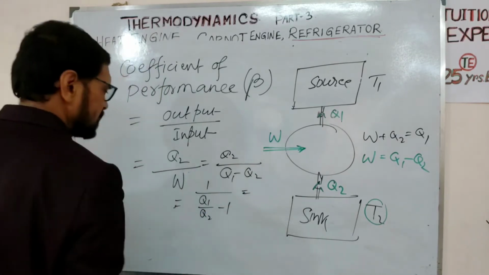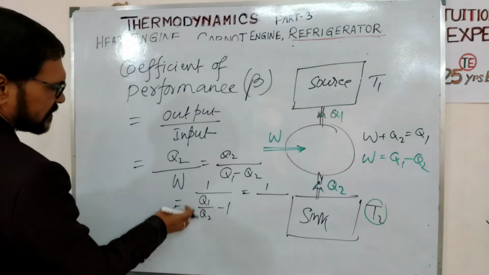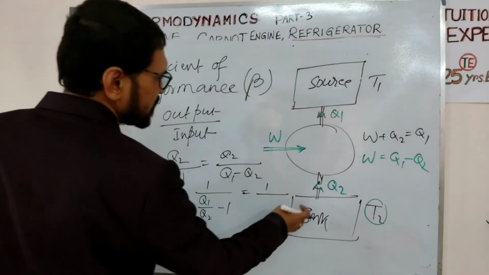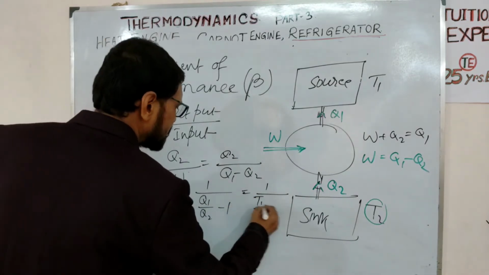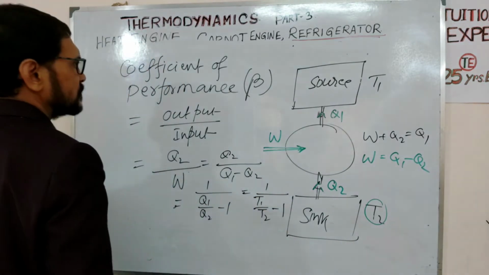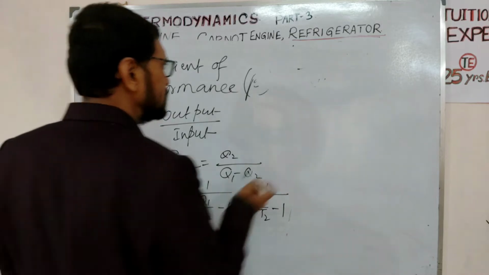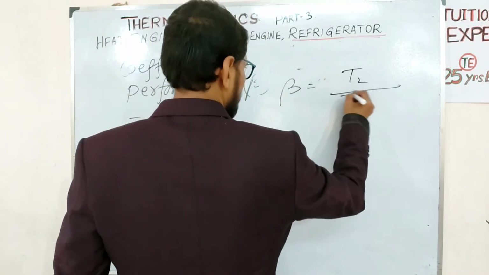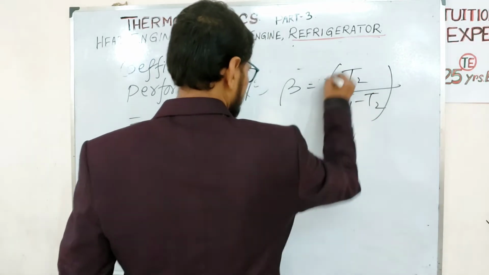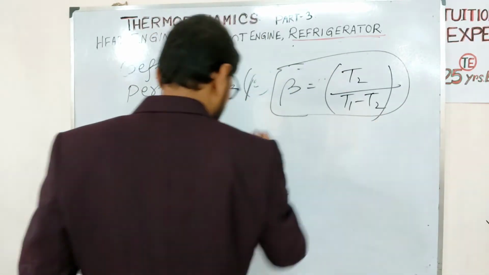The ratio of heats is always the ratio of temperatures, so we can write Q1 by Q2 equals T1 by T2. From this we get beta equal to T2 by (T1 minus T2). This is called the coefficient of performance.